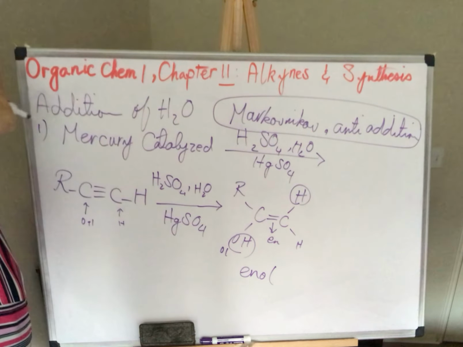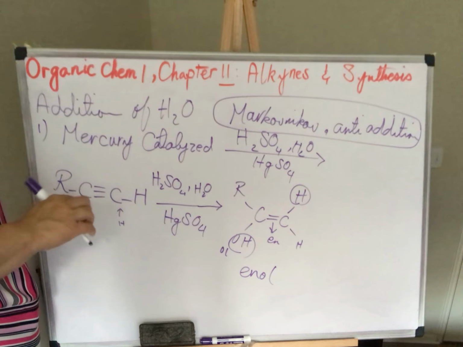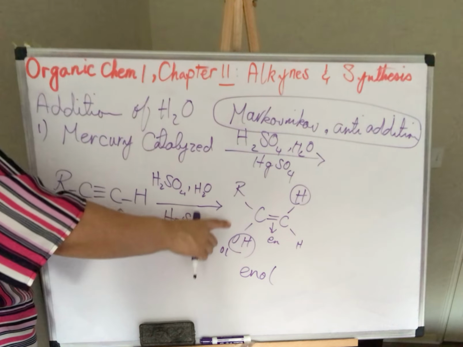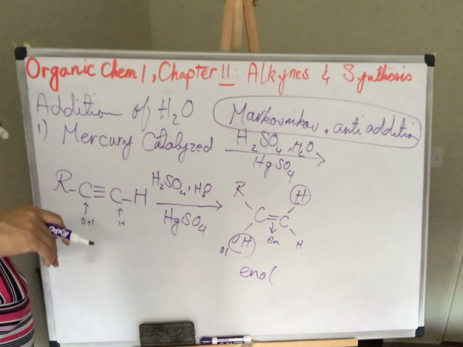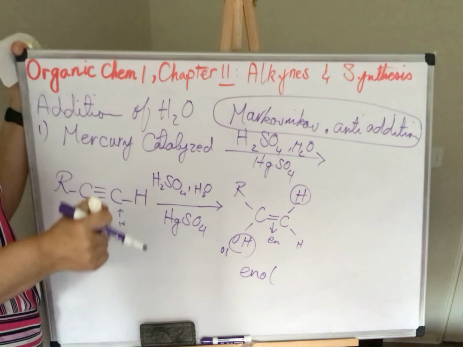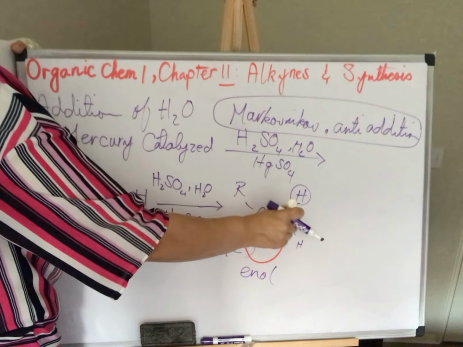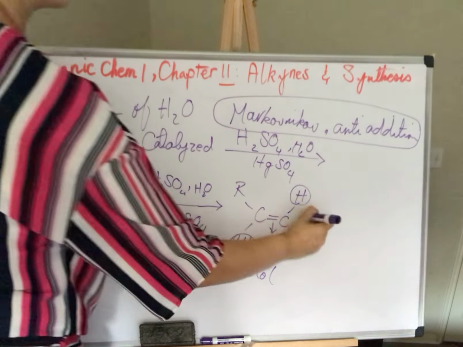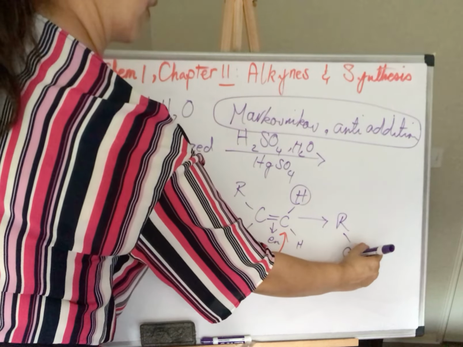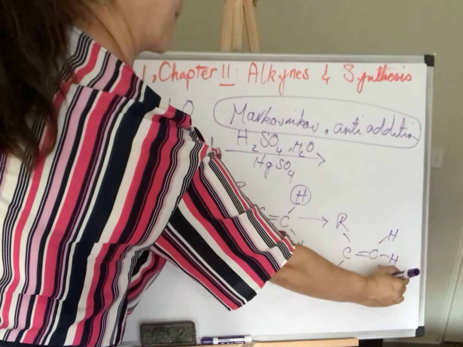Seems like when studies and research were done on these products, nobody got anything with the properties of an alcohol. So it seems like this hydrogen-rich carbon is still hungry for more hydrogens. So it grabs this hydrogen. Now we have 3 hydrogens, right?